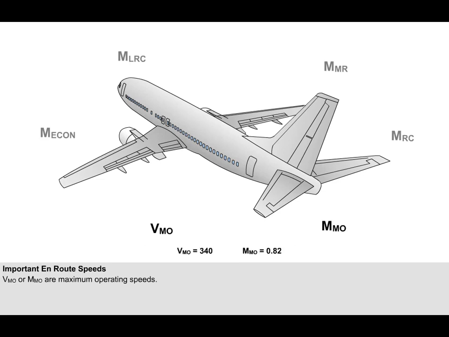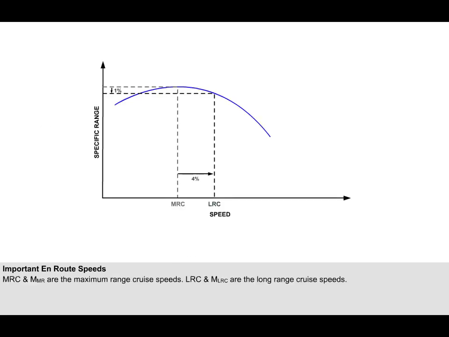For the majority of the 737 family, VMO is 340 knots, and MMO is 0.82. Flying beyond these speeds in a commercial operational context is not permitted, and may cause either structural damage or a high-speed stall. The next two speeds are used in reference to describing the range of the aeroplane, and were mentioned in the en route lesson of the General Performance Principles section.